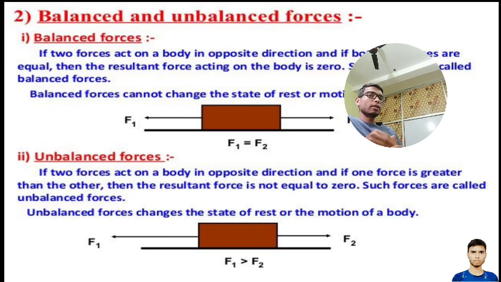In this case, what will happen? The object will move. If an object is at rest and unbalanced forces are applied on it, then that object will move to one side. It will happen when forces are unbalanced. If two forces act on a body in opposite directions, and if one force is greater than the other, then the resultant force is not equal to zero.